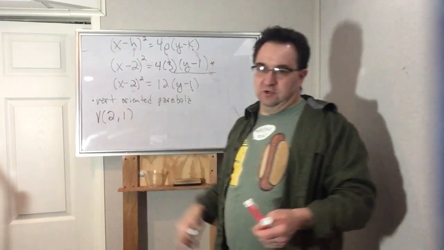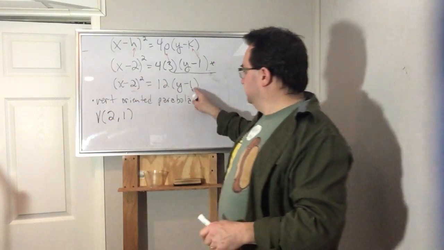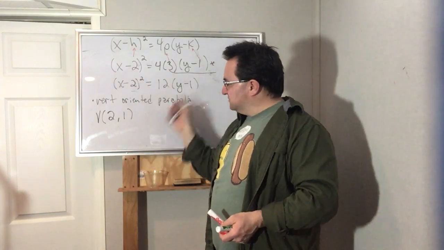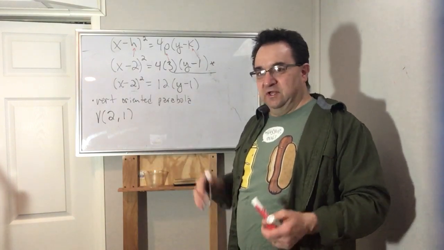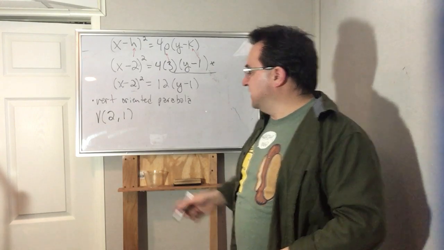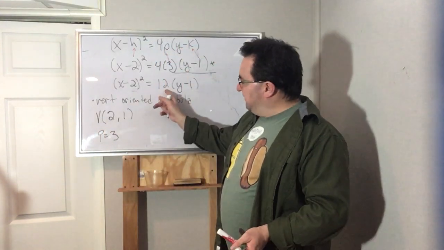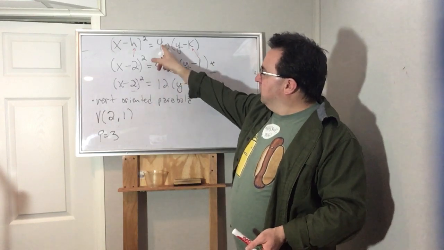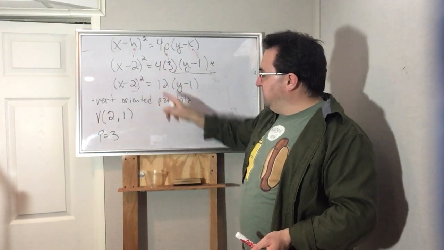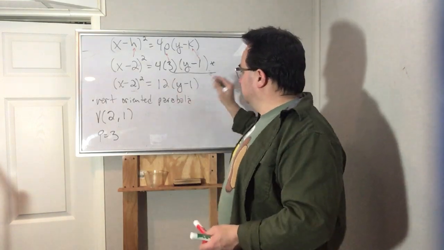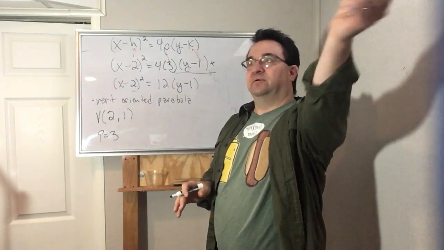This is the x coordinate, but you got to switch the sign. This is the y coordinate, but you got to switch the sign. See, the vertex, I just pull it right out of the equation after I get used to this and see what's going on. P has to be 3 in order for 4 times something to equal 12. Now the last piece is this happens to open up.